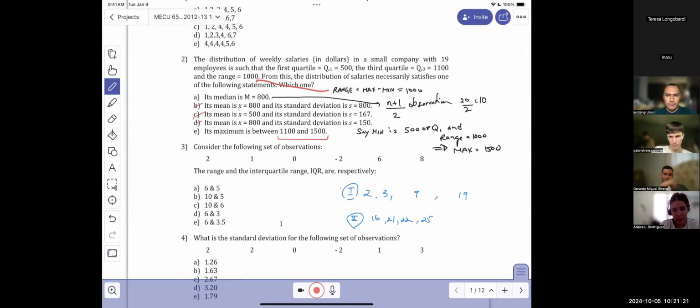Very good. Say the maximum is Q3, or 1,100.